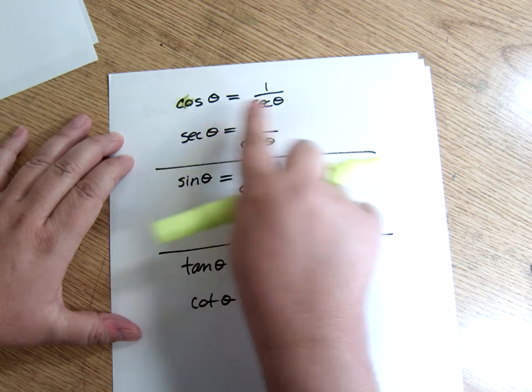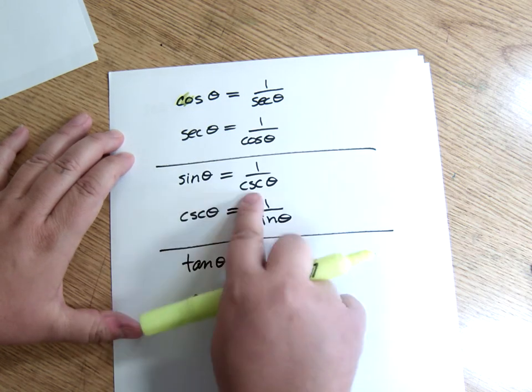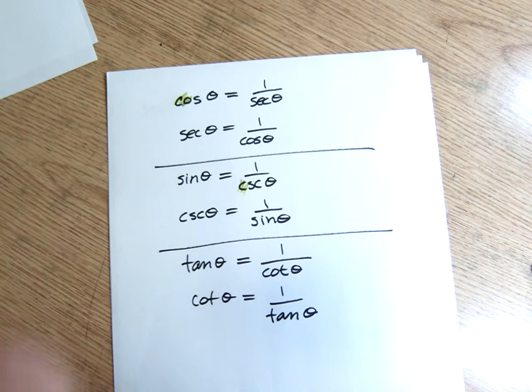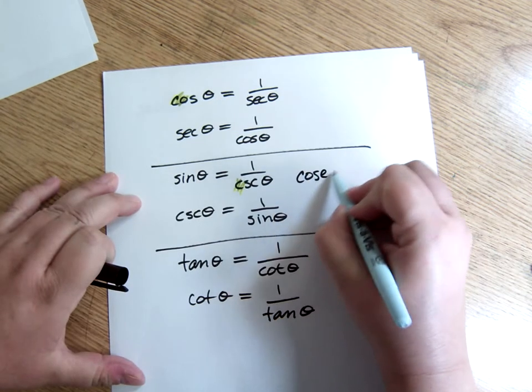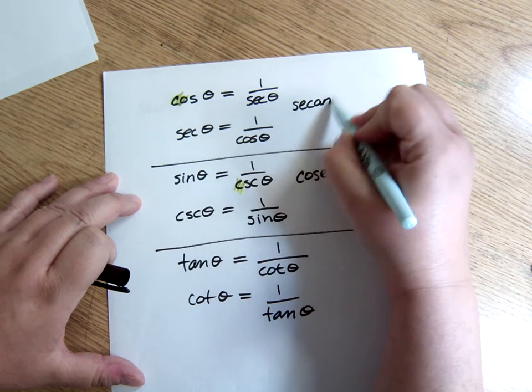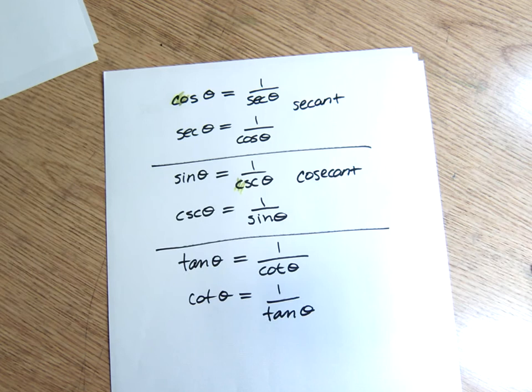So cosine goes with plain secant, and sine, which does not have a co, goes with cosecant, which has a co. Okay, so that is short for C-O-S-E-C-A-N-T. This is S-E-C-A-N-T. So that's how I kind of think that they could be remembered. I mean, really whatever works for you, works for you.